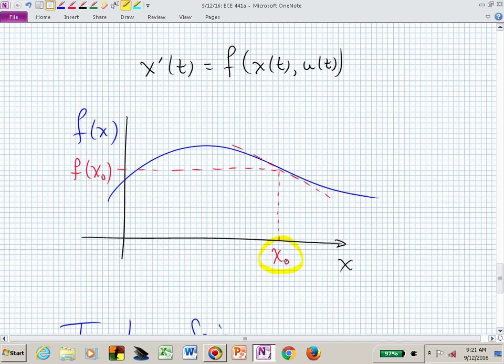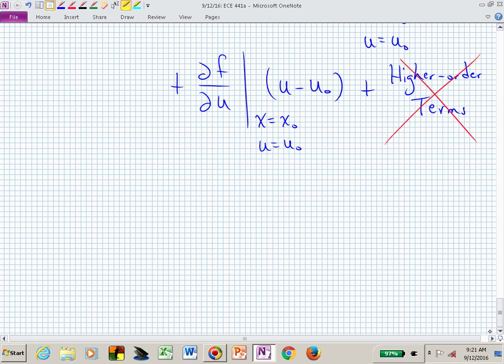Meaning this is just some location in the entire trajectory, but we want to force our behavior to be right around that location x naught. So that could be at 1 meter, or maybe we're cruising along and we're at 70 miles per hour. That's our x naught. So hopefully that will become a little bit more clear as we move forward.